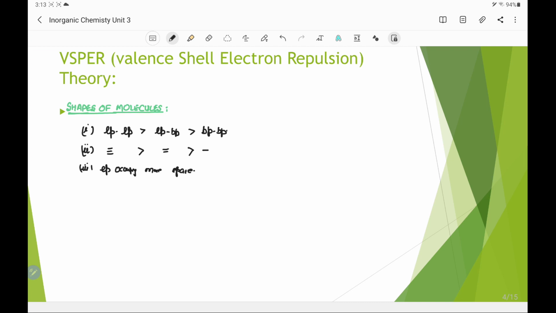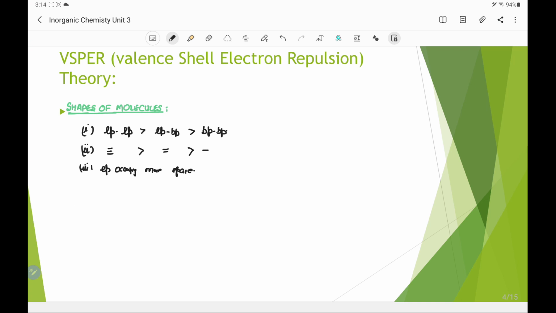Because bond pairs and lone pairs of electrons take some space, all electron pairs repel each other so that the electron pairs orient themselves in space as far as possible to have minimum repulsion and a more stable configuration. Let's write some general shapes.